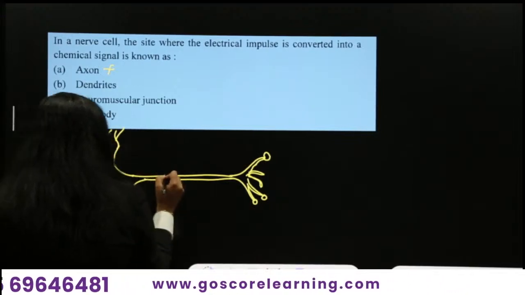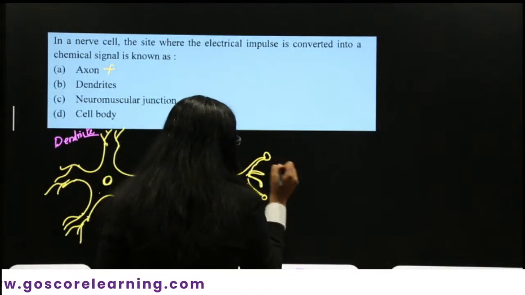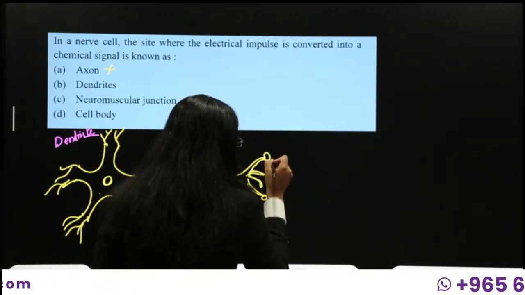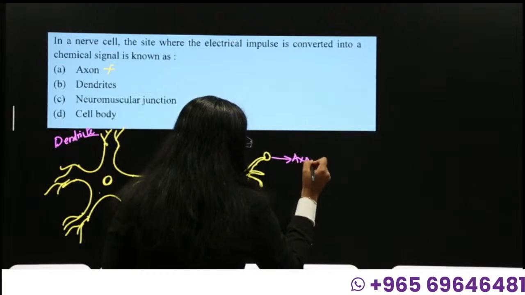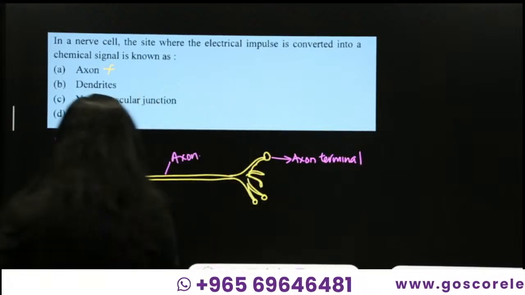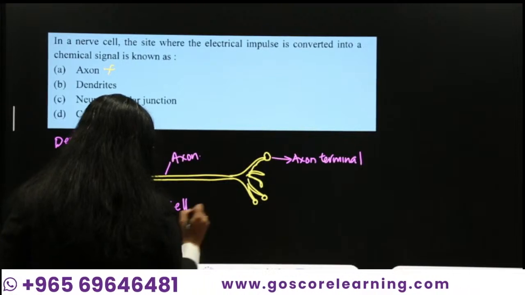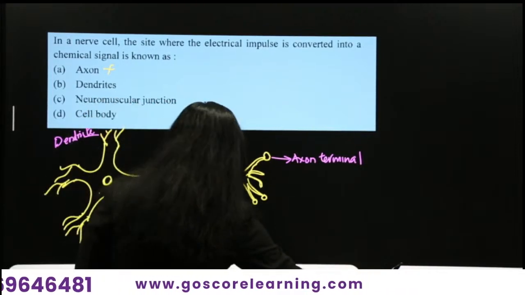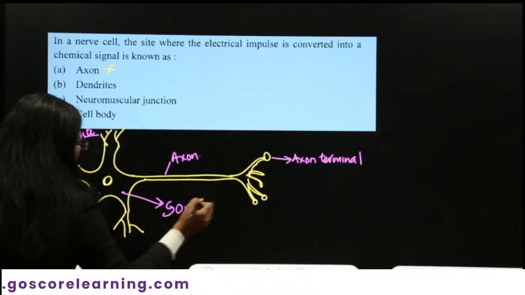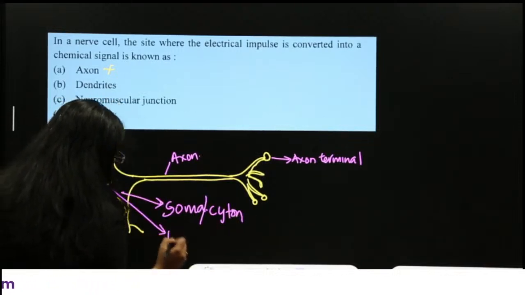This is the axon, and this is the axon terminal. And this region is the cell soma, or we could say the cytosol. And this is the nucleus.